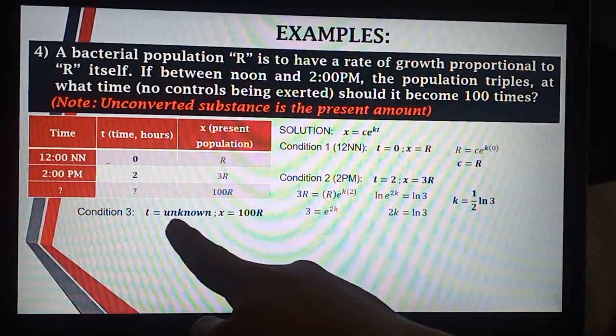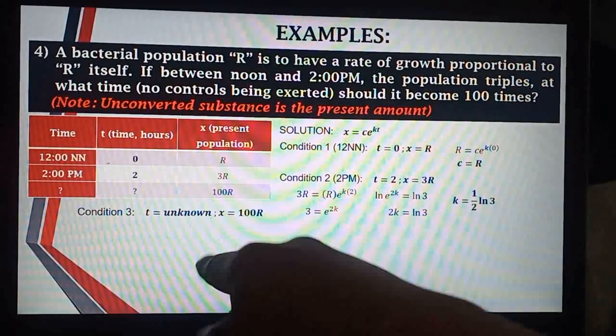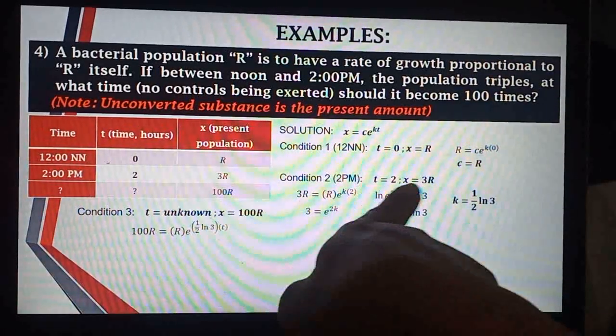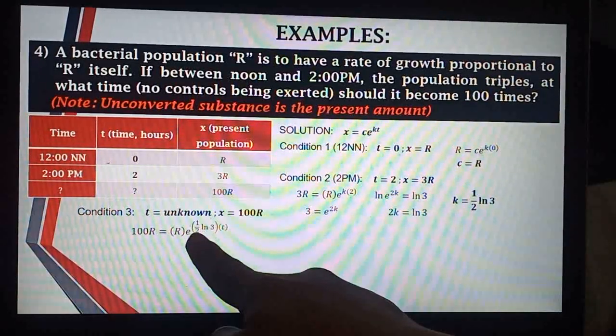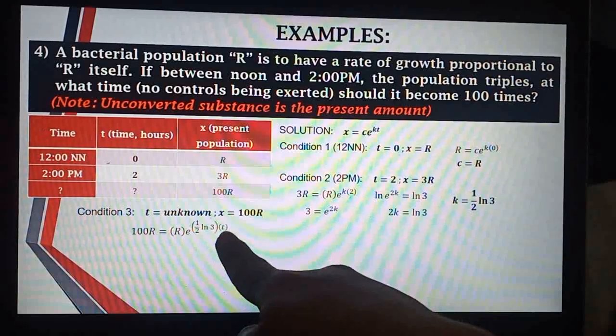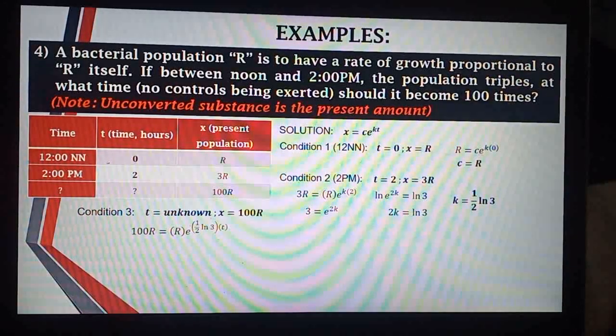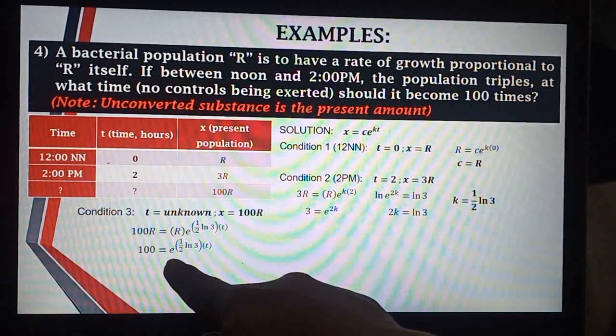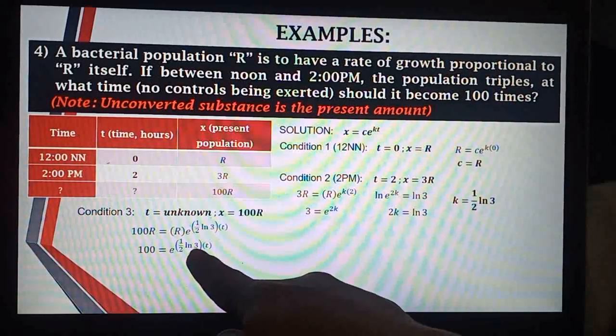Now t is unknown, x is 100r. You will now have 100r equals r, which is your c, e raised to 1/2 ln of 3, which is your k, multiplied to t. Now you will have to find the value of t. Canceling your r, you will have 100 equals e raised to 1/2 ln of 3 multiplied to t.